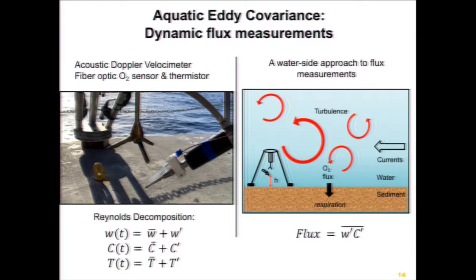It's what we would call a water-side approach to flux measurements, because you're measuring velocities and oxygen usually about 15 to 30 centimeters above the bed in a rapid time series, which then gets separated into average and variation components.